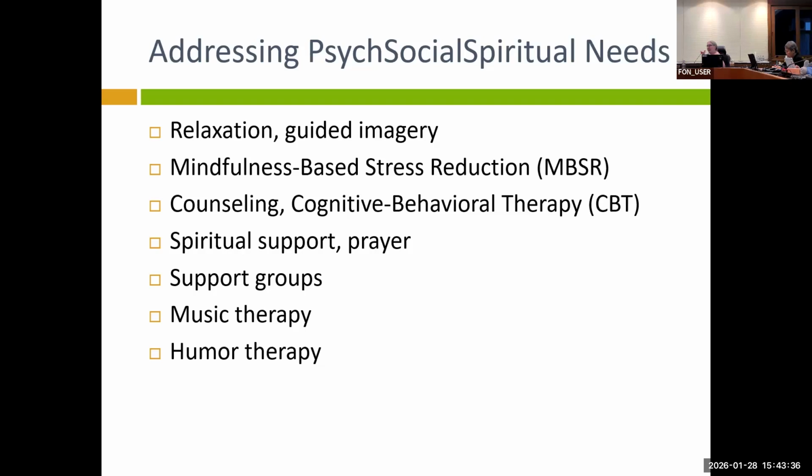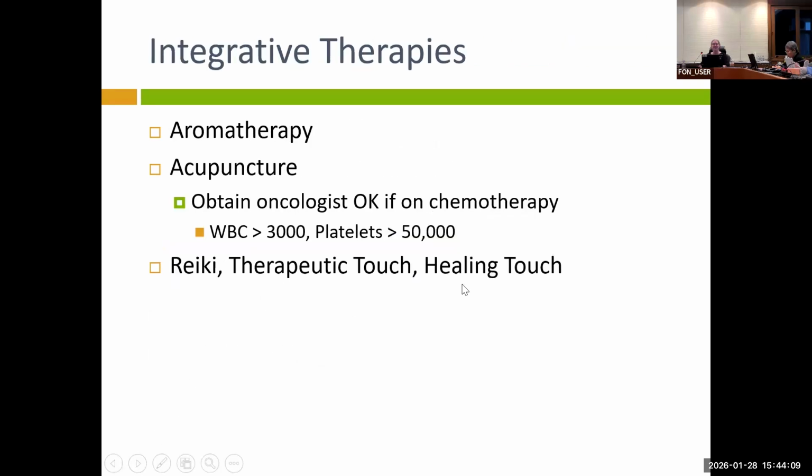One of the non-inferiority trials compared cognitive behavioral therapy and opioids, and there was no significant difference between those two interventions. Spiritual support and prayer, support groups, music therapy, and quite honestly, laughing, humor therapy really helps with the psychosocial and spiritual needs that we need to think about with the cancer patient.